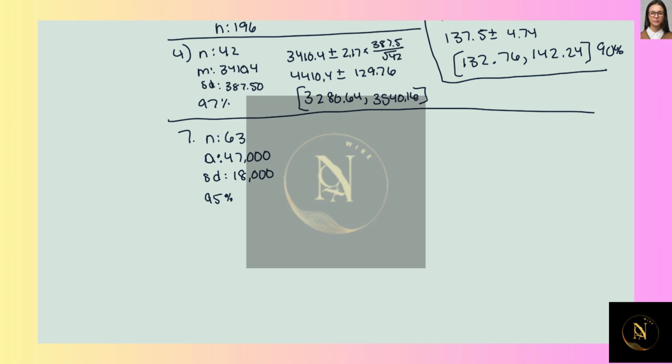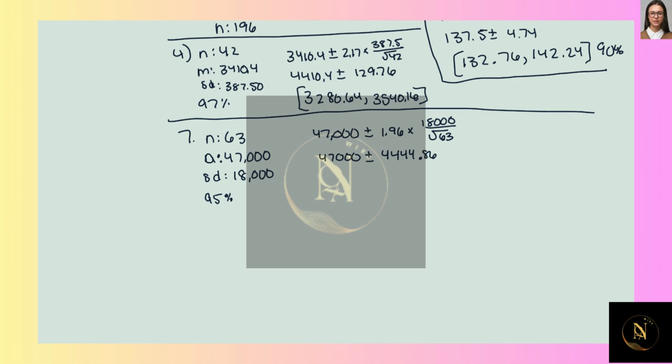So you have 47,000 plus or minus your z-score of 1.96 times your standard deviation of 18,000 divided by the square root of 63. So 18,000 divided by the square root of 63 times 1.96 is 4,444.86.